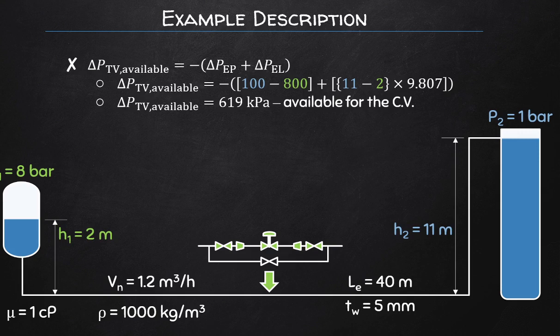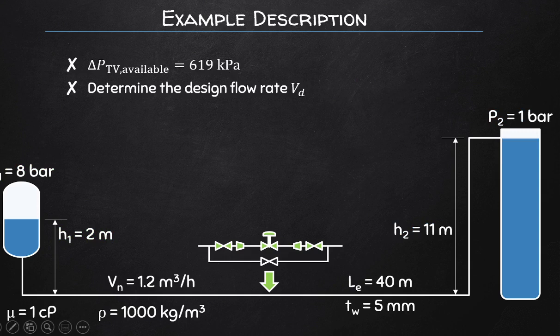all. So that being said, the total variable pressure difference is the only part of the process which can actually be altered or changed. And for this process it is calculated at 619 kilopascal. This is what is available for the control valve to utilize, but obviously the control valve cannot utilize everything.